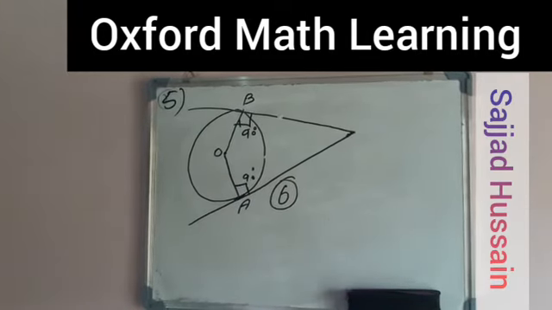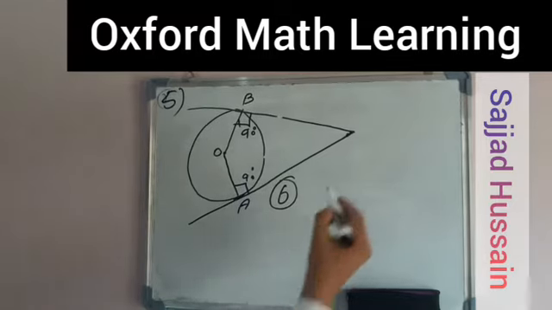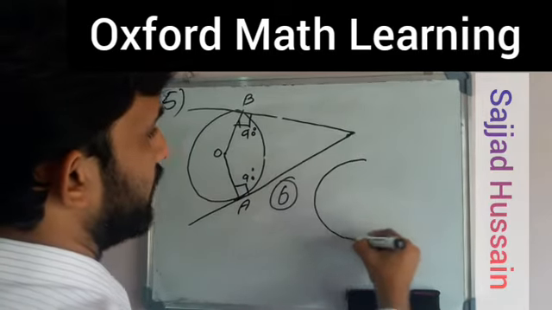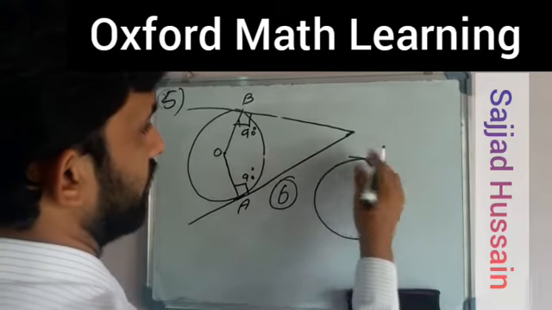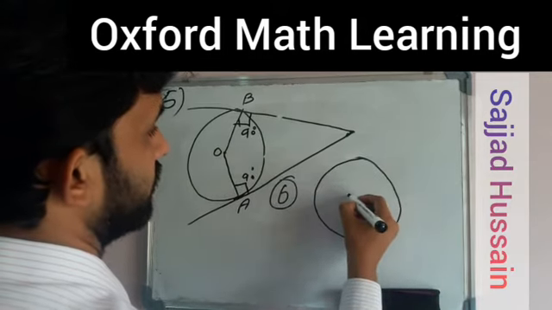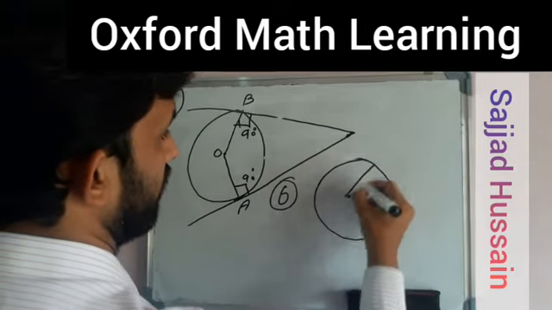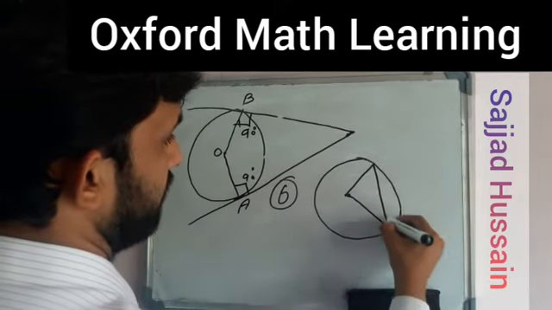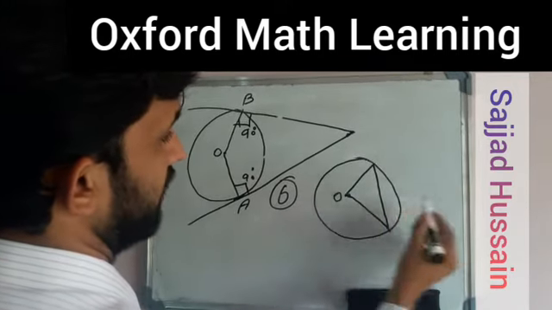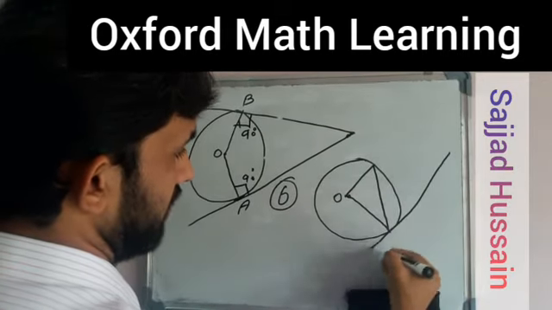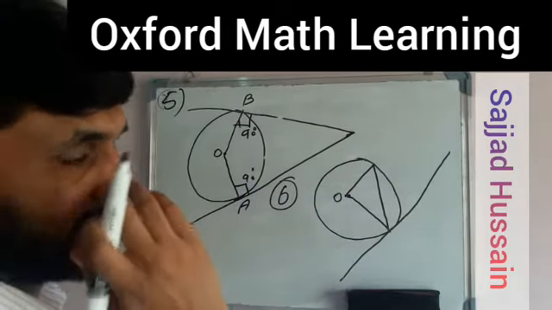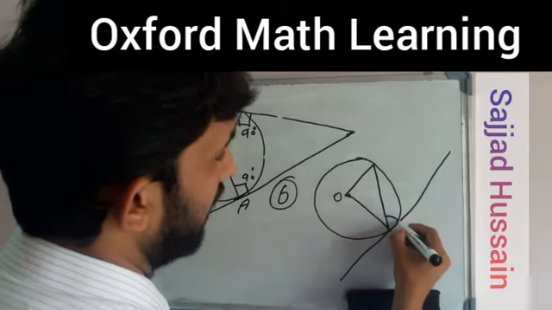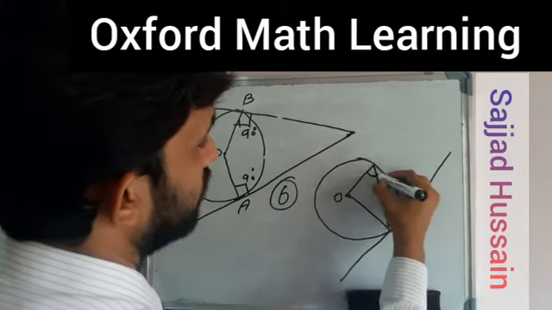Okay. Then we have the sixth property. If there is a circle with a center and a tangent, the angle here will be equal to this angle.